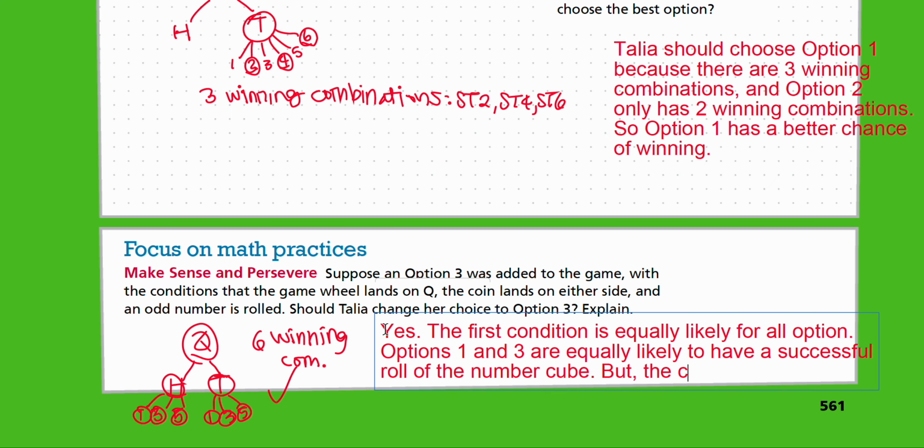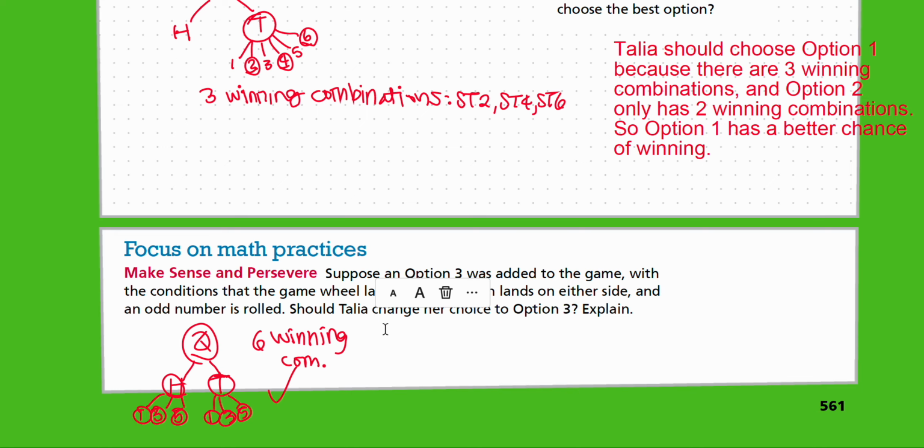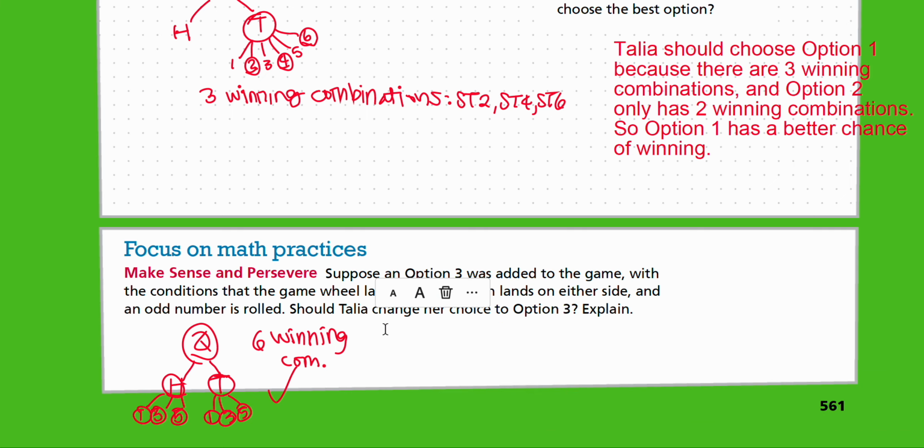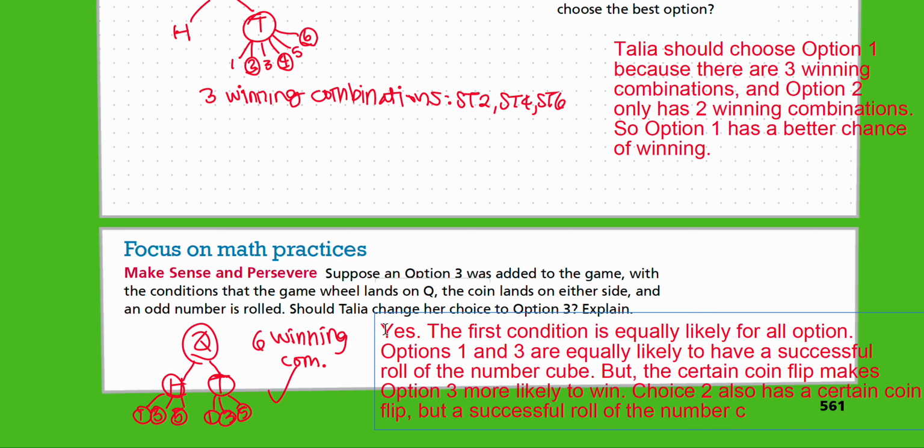But the certain coin flip makes option 3 more likely to win. So choice 2 also has a certain coin flip, but a successful roll of the number cube is more likely in option 3. So option 3 has 6 winning combinations.